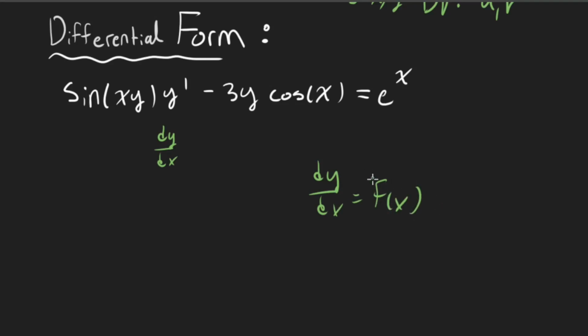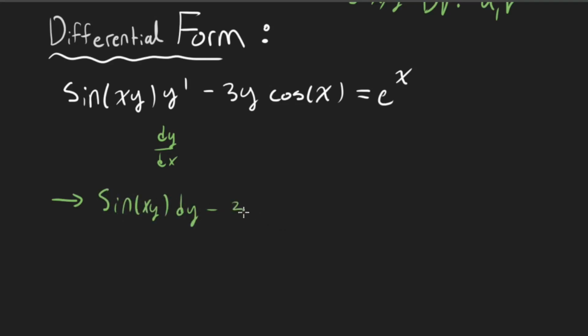Multiplying across the dx and then throwing an integral on both sides would be the same as if I did it quote-unquote properly, like I integrated with respect to x, so dy dx equals integral of f of x dx, and then because of the chain rule, these essentially cancel. So we could say that sine of xy dy minus 3y cosine x dx equals e to the x dx, and then if we subtract this across, we can put it in the form.